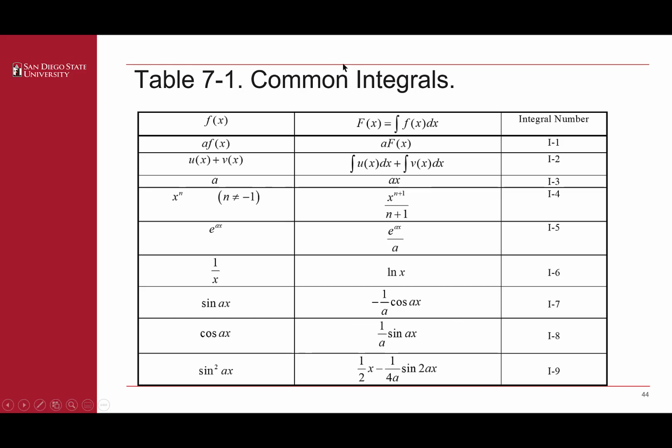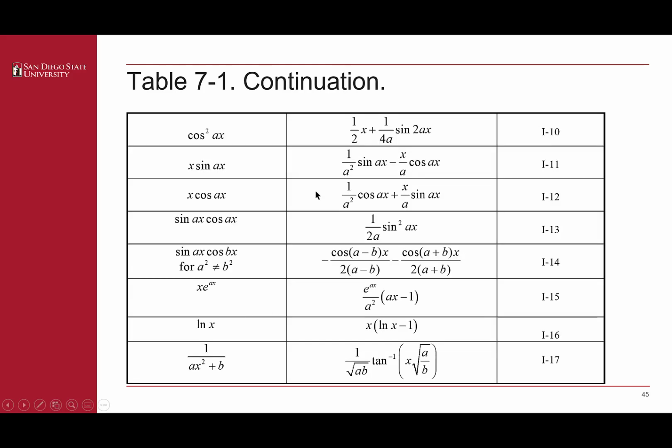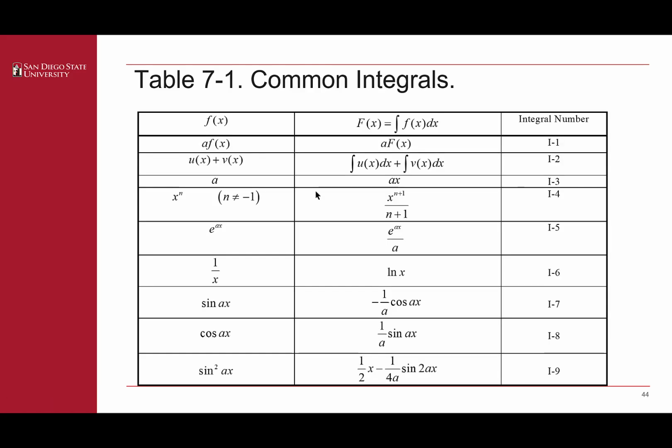Let's take a look at the common integrals. We have a table just like the one in the derivatives part. f of x is the subject function, and capital F of x is the integral of f of x times dx. Multiplying with a constant a does not change the result, just like in the derivatives.